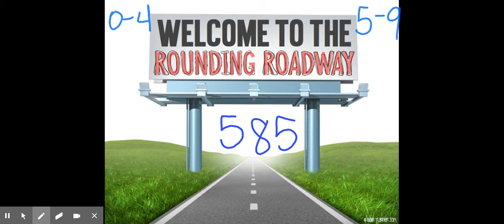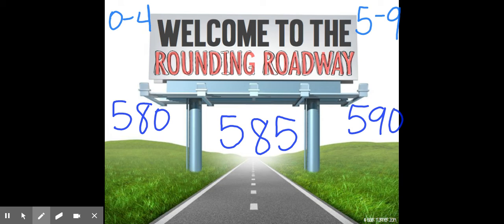And let's think about what two tens 585 is between. Pause this video, write the two tens that 585 is between, and press play when you're ready to reveal. 585 is between 580 and 590.